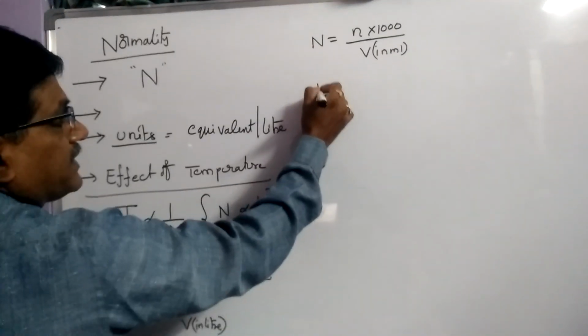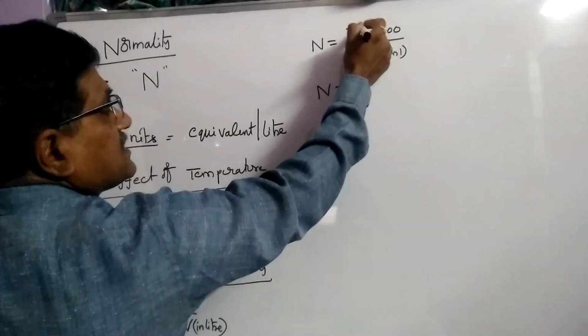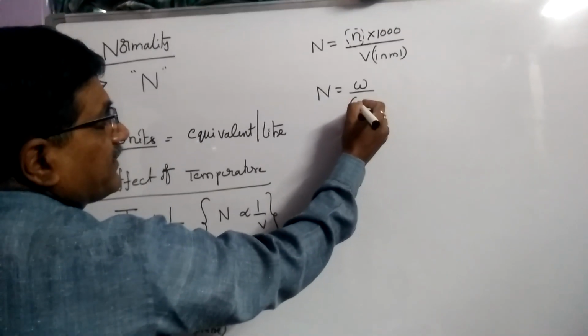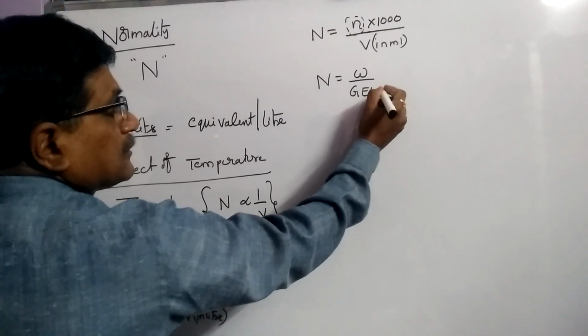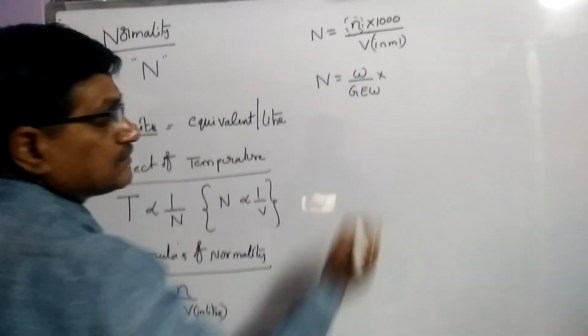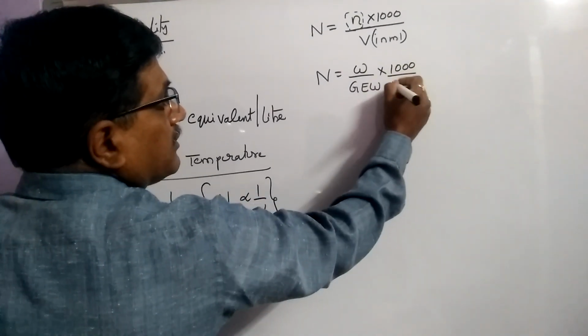That's normality is equal to weight by gram equivalent weight into 1000 by volume in ml.